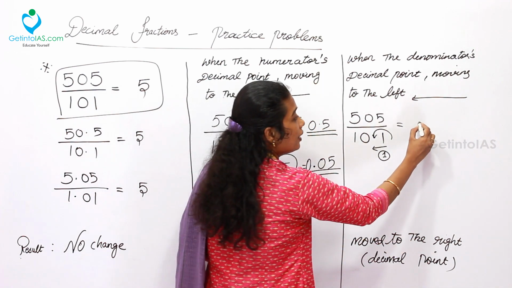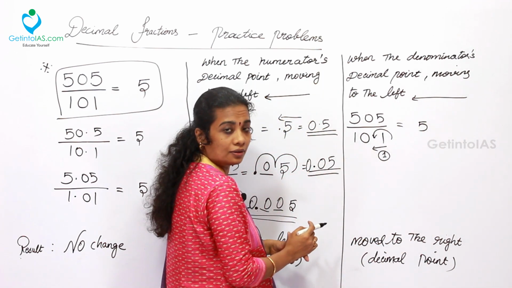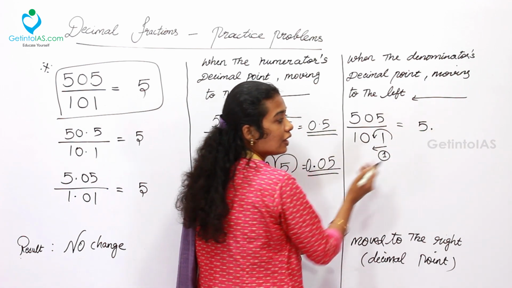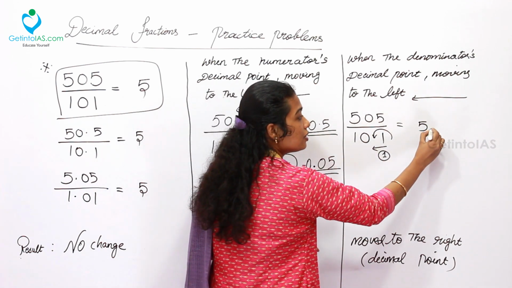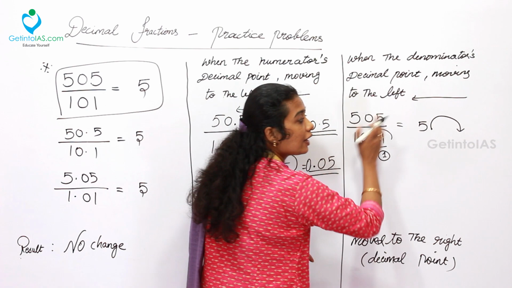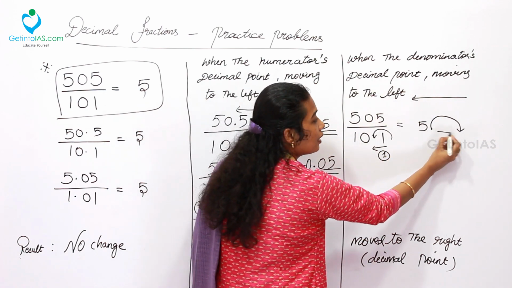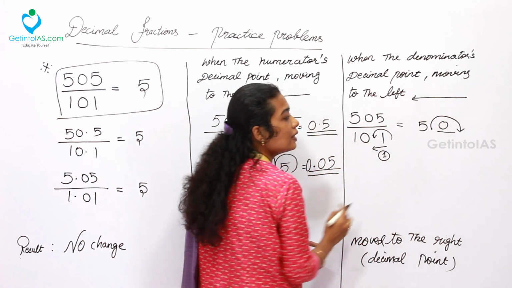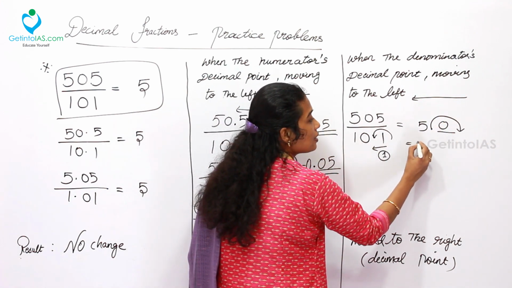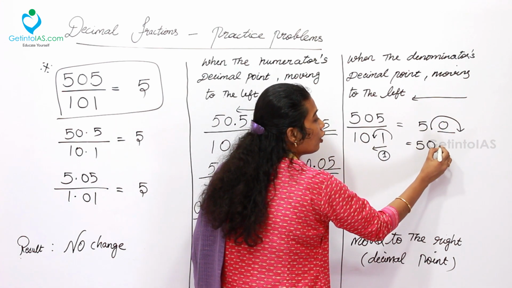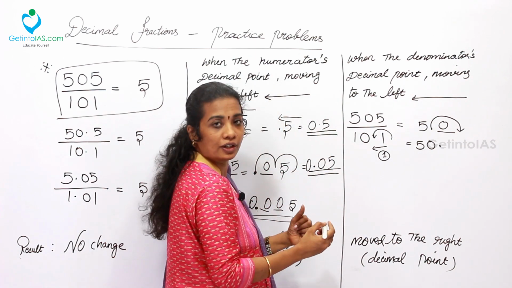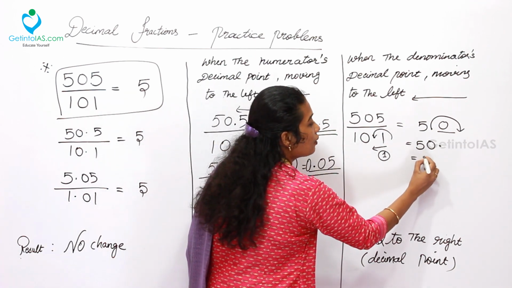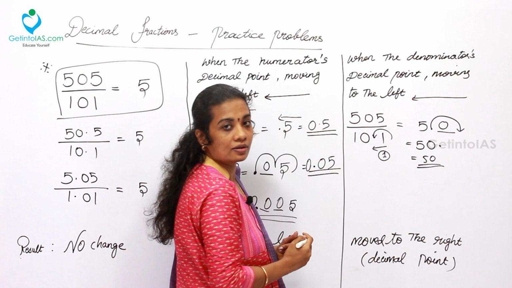We already have 5 as the result. So after 5, the decimal point will move to the right side. Right side means 1 more place to be added, in that you can fill 0. So finally my answer is 50 point, 50 point is what actually? Simply 50. 50 is my answer.